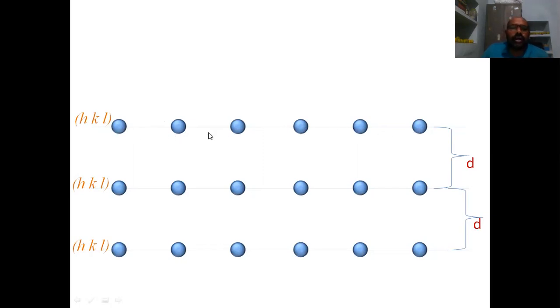Then we call those planes planes of lattice, okay, or lattice planes. If we take these as lattice planes whose Miller indices are hkl, we are observing horizontal planes here, and these are the lattice points on the plane. The Miller indices of the plane are hkl. Since these are parallel planes, the indices are the same.